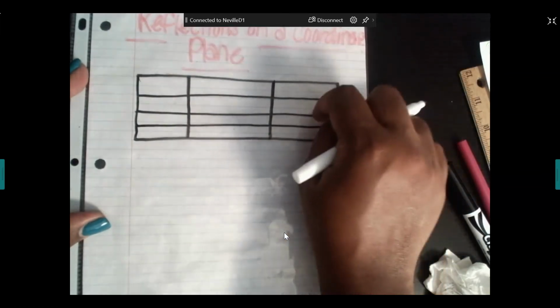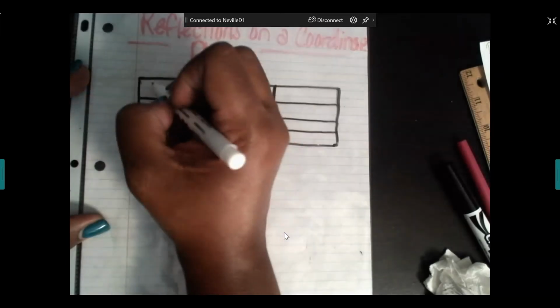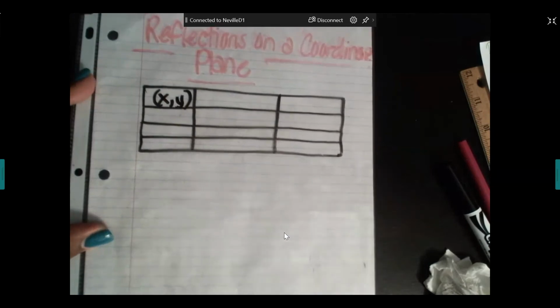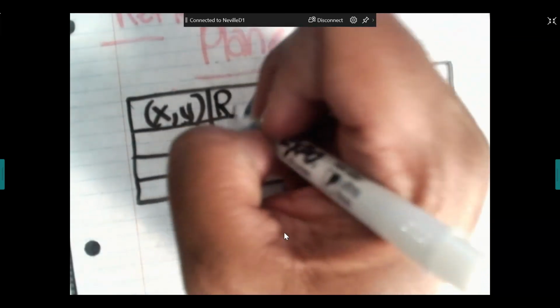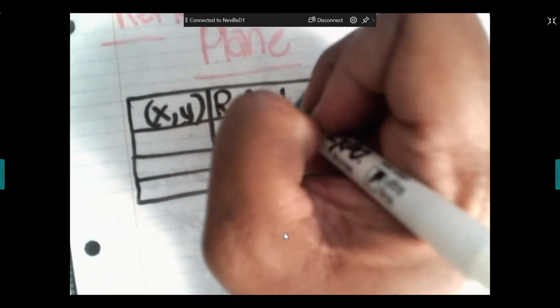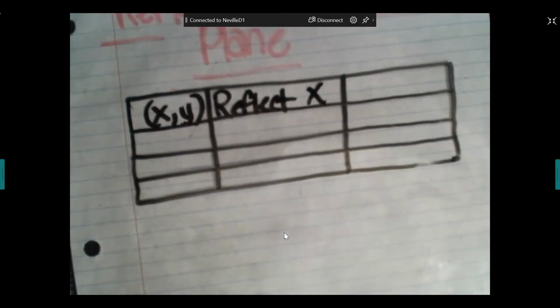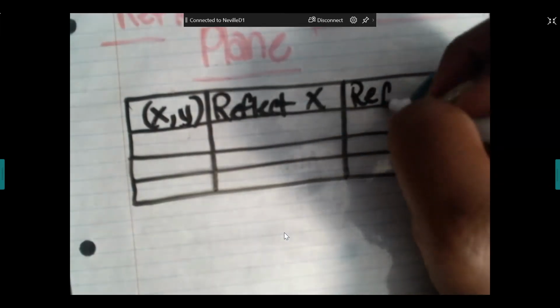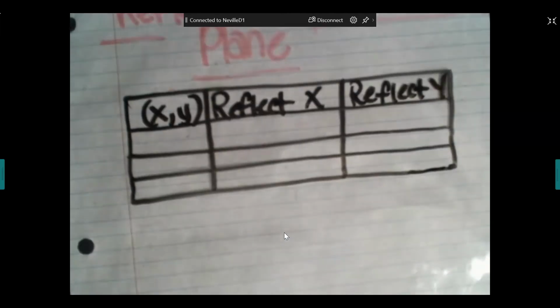And we're going to have 4 rows here. Here, I'm going to write X, Y. I'm going to zoom in so we can see it. Here, I'm going to say reflect over the X. And here, I'm going to say reflect over the Y axis.